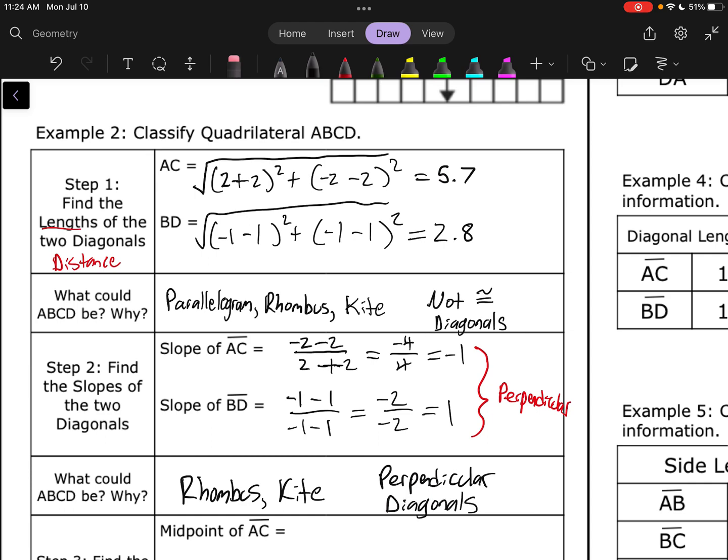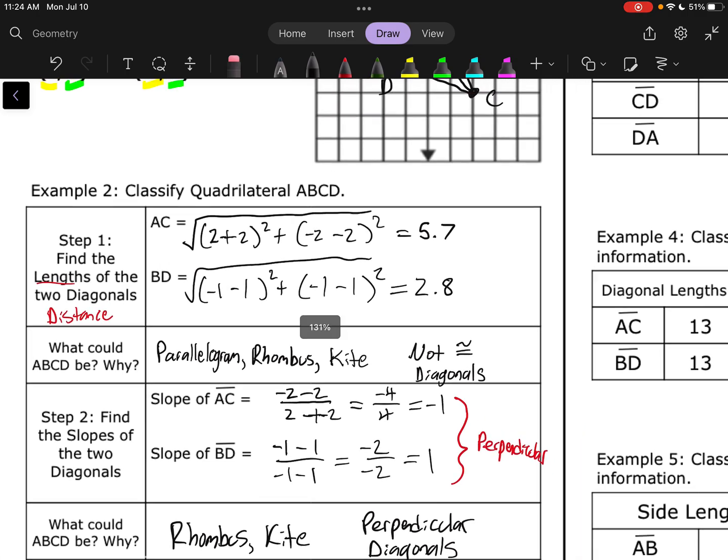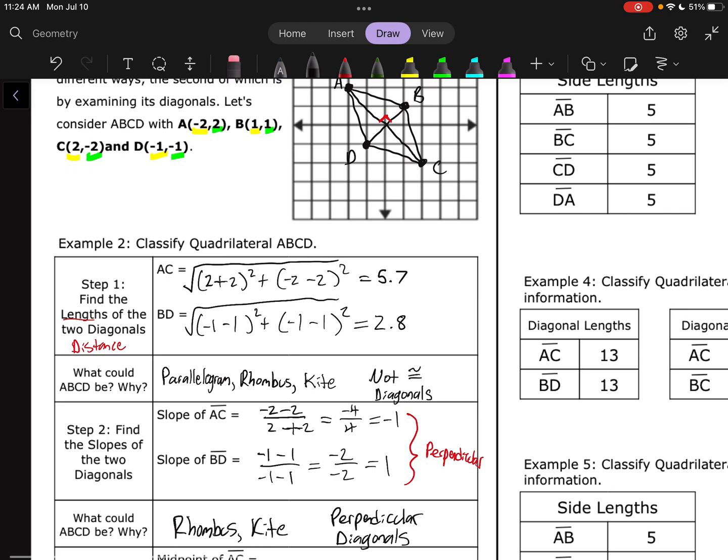So now we need to figure out, is this a rhombus or is this a kite? Now the difference between a rhombus and a kite, according to their diagonals, is that the rhombus's diagonals cut each other in half. They both bisect each other, whereas the kite only has one that bisects one of them.